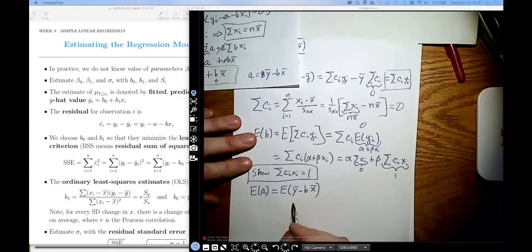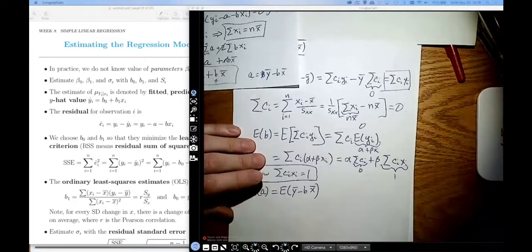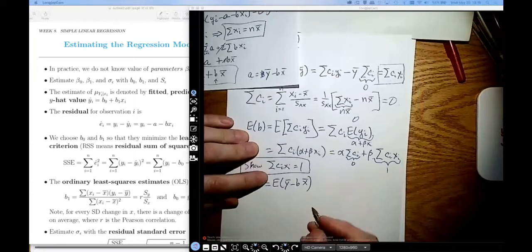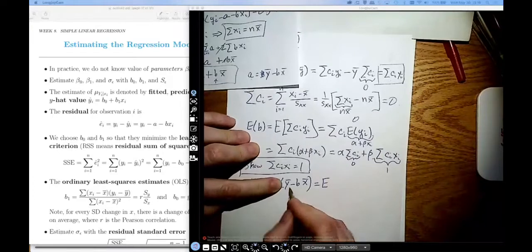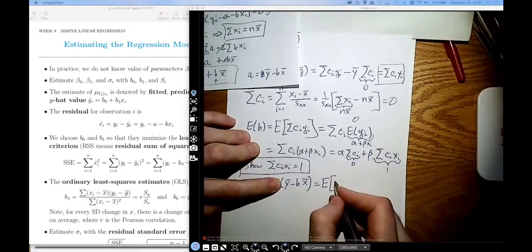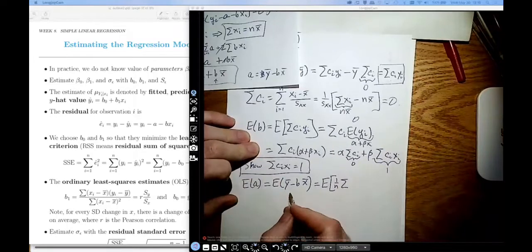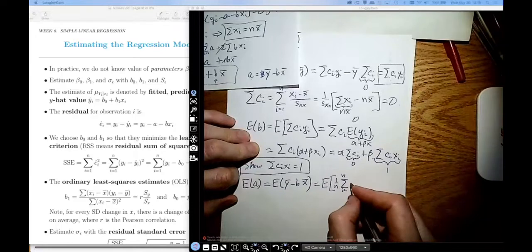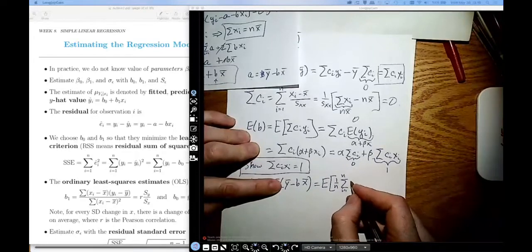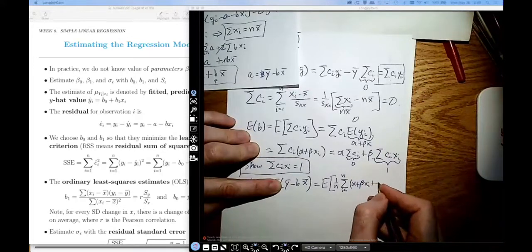So what we have to do now is a little bit of messy work here. This is going to be the expected value of, what is Y bar? So this is going to be 1 over n times the sum of, well, i equals 1 to n. What is my Y sub i? It's going to be alpha plus beta x sub i plus E sub i.